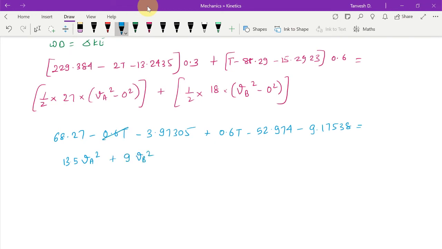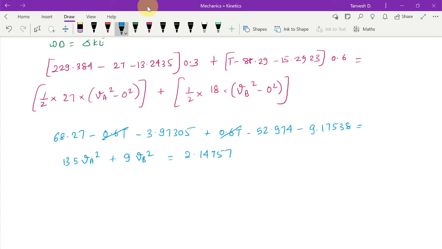Okay, the T terms will get cancelled. So what we get here is 68.27 minus 3.97305 minus 52.974 minus 9.17538, and this is equal to 2.14757.